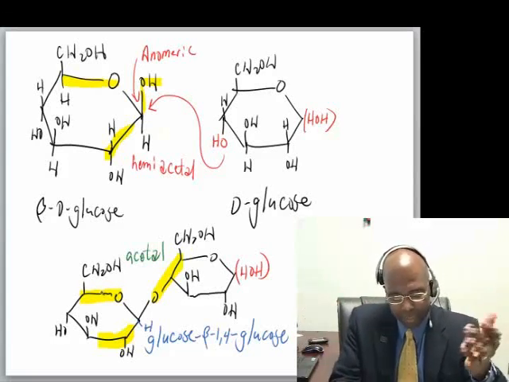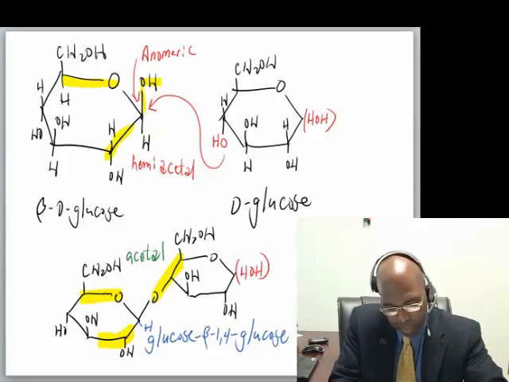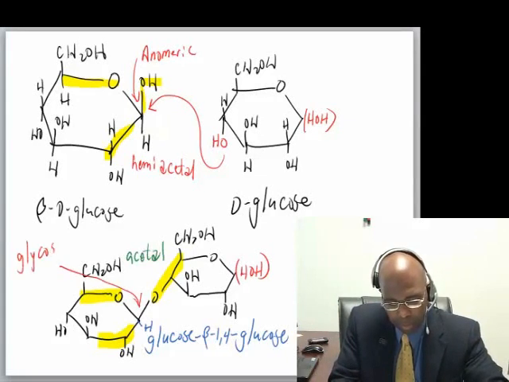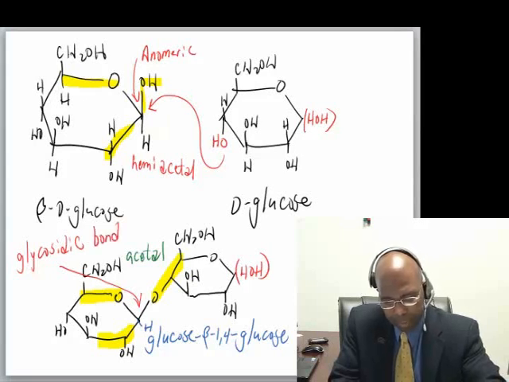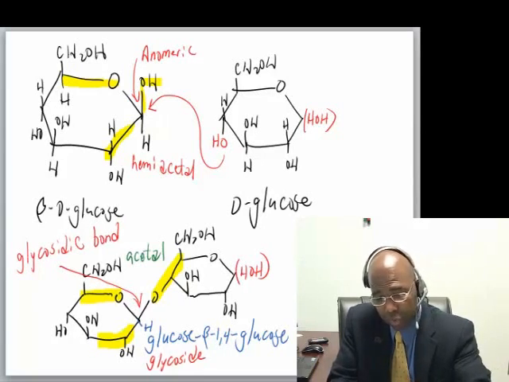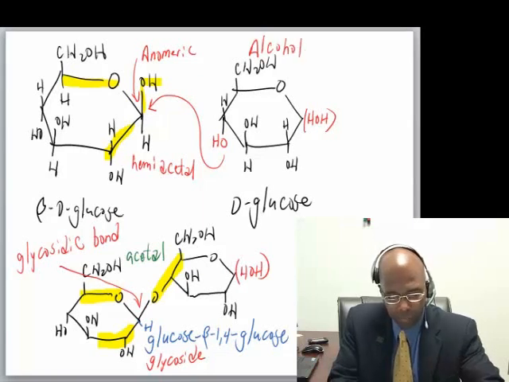Okay? The bond that we create here is called a glycosidic bond. This entire structure is called a glycoside because it's a sugar attached to an alcohol. The second sugar here, this is our alcohol, and the first sugar here, this is our glycose.